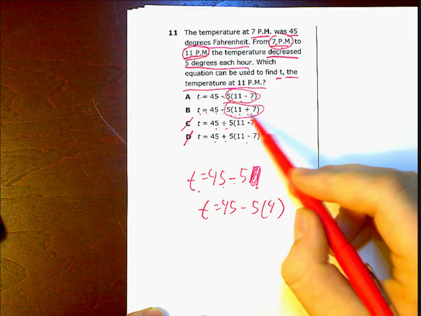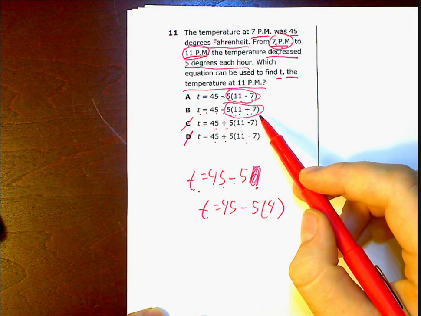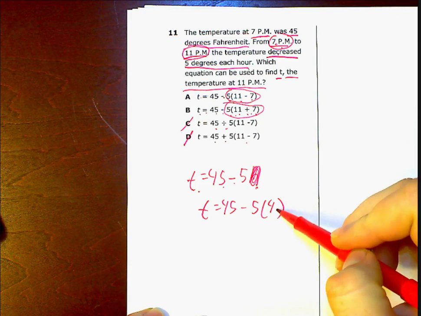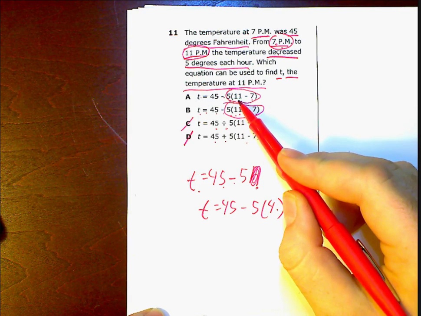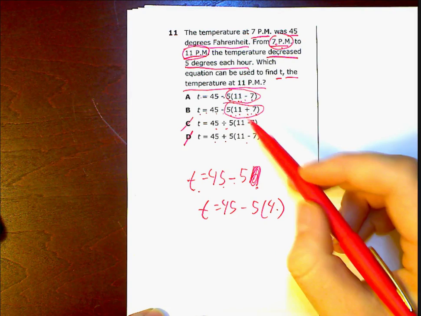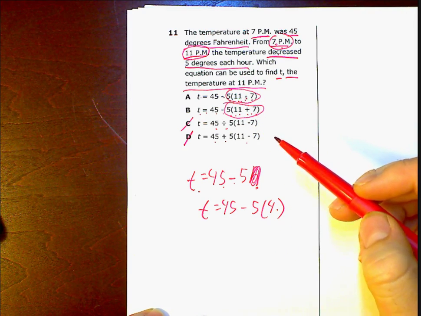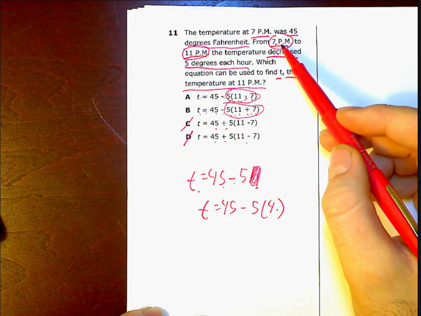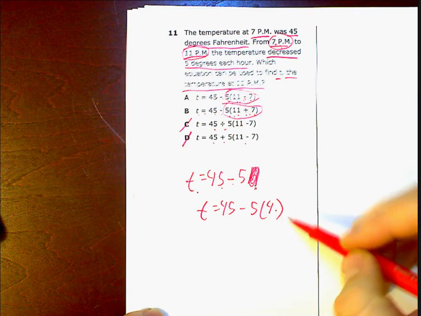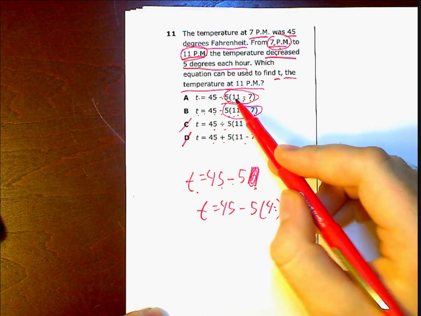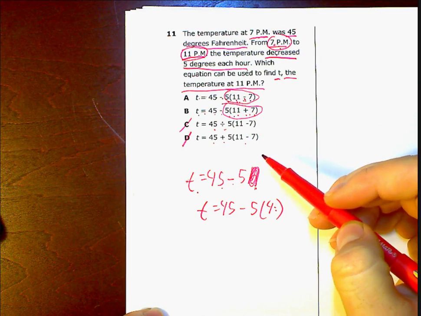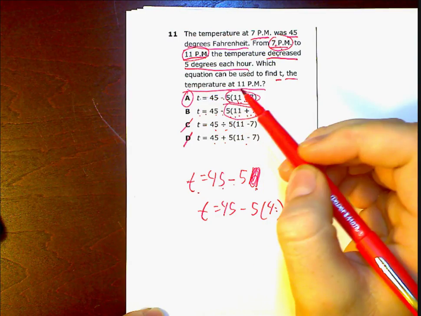You can do 11 plus 7, which is 18. That's not 4. Or you can do 5 times 11 minus 7. And remember, when you subtract like this, you find the difference. So we're finding the difference between 7 p.m. and 11 p.m., which is 4 hours. So 11 minus 7 is the correct way to find that. So A is the only one correct.